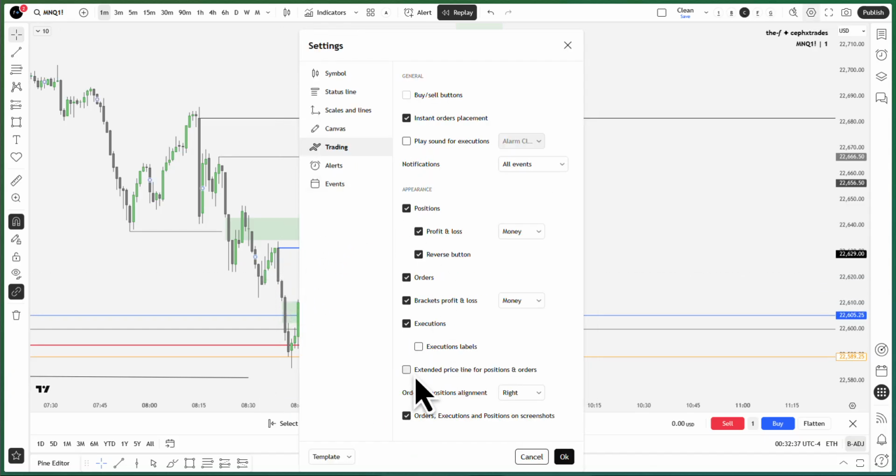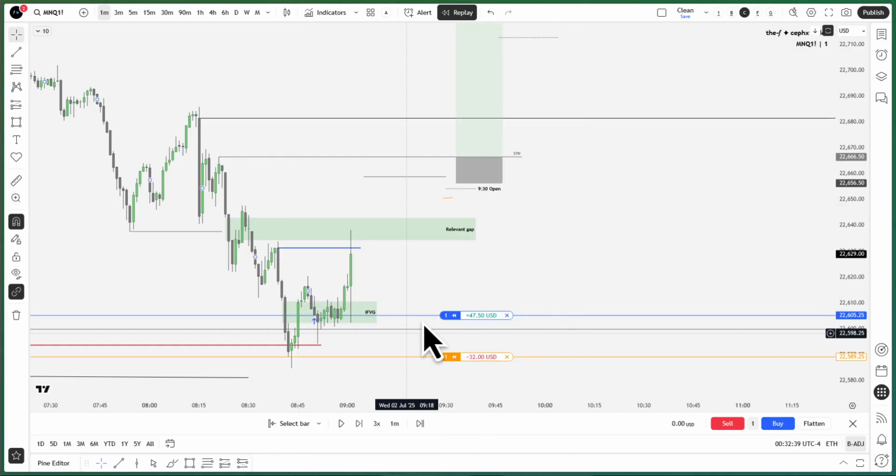This level right here, I'm going to extend it. It doesn't even work on the replay. But once we break out of this inverse fair value gap, it becomes reclaimed, because we traded through, even though we didn't close through it, traded out of it, and now we're trading back into it. So this could also be a viable entry where you can buy again.